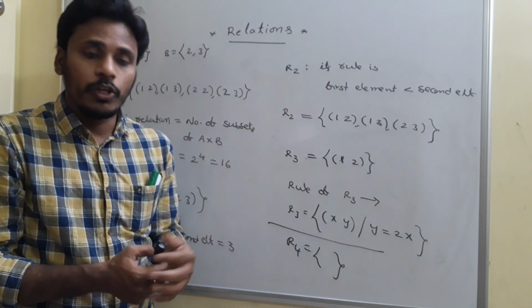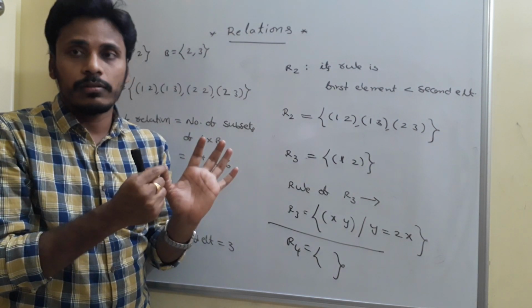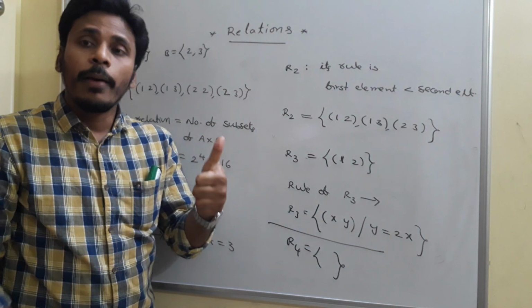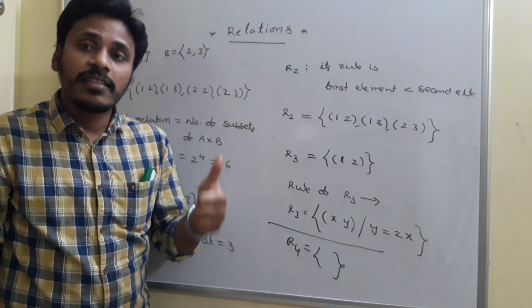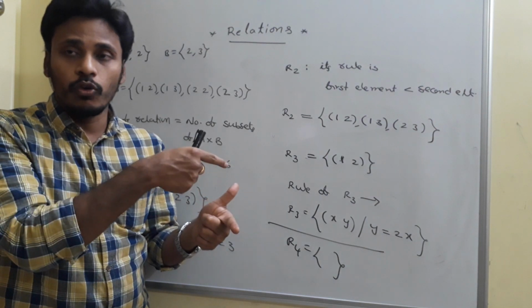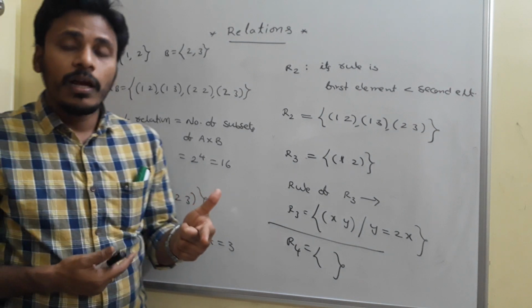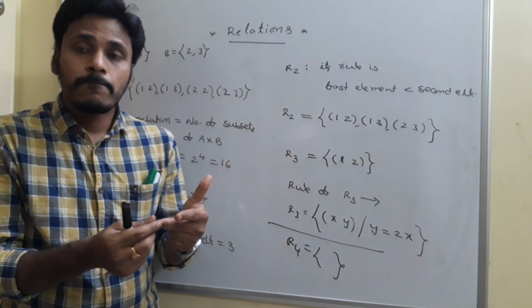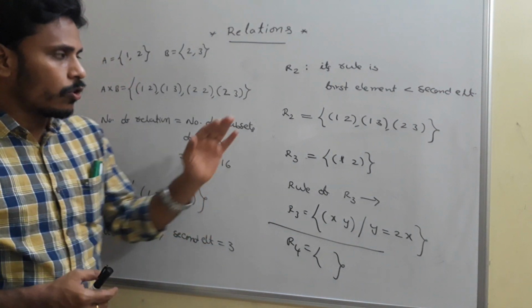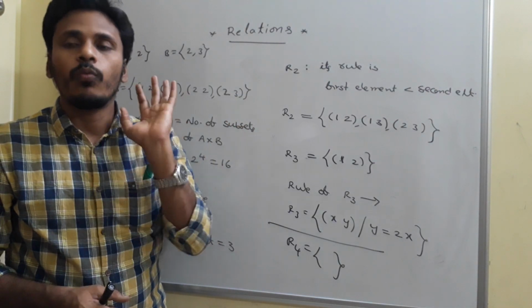Once again, a relation sometimes has many rules, and sometimes it is not possible for us to identify the rule. There is some rule, but sometimes we cannot find it. And if you have a rule, then for sure you will get only one relation.